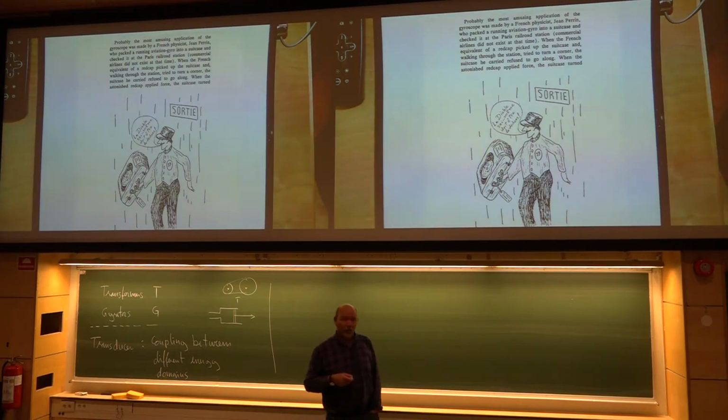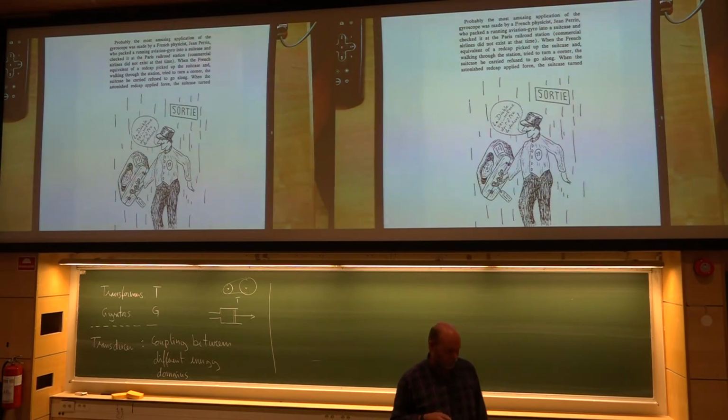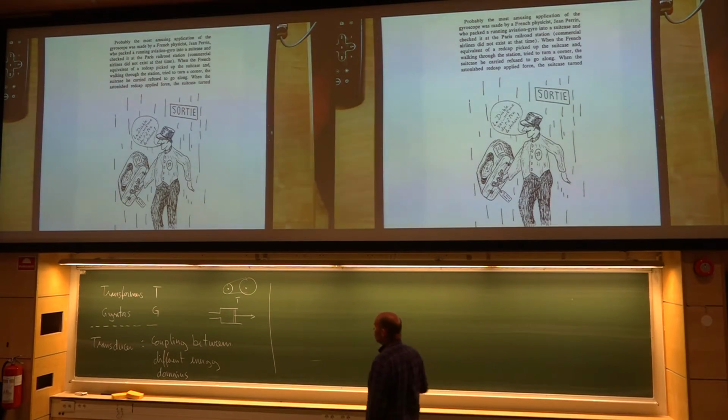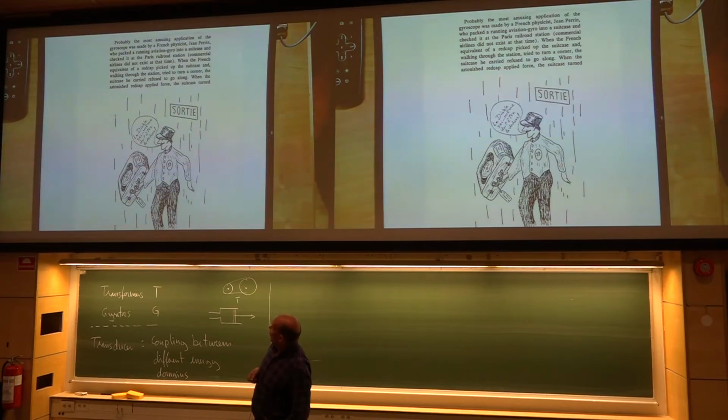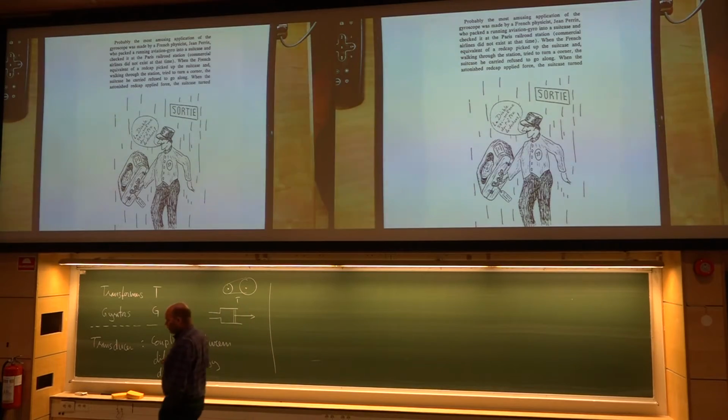Now, gyrators are quite rare. You don't find many examples. Well, you have one example, this prank by a French physicist. He took a very heavy flywheel inside a suitcase.